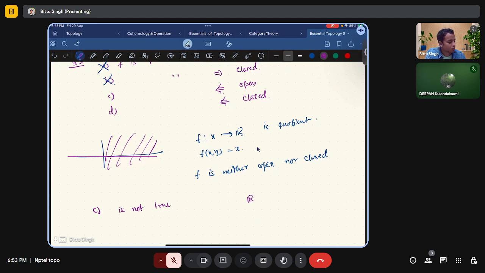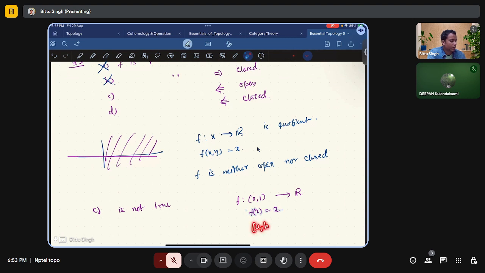Consider the inclusion of the open interval (0, 1) into R. F maps x to x, the identity inclusion of the open interval. Then we can see this is actually an open map. Take any open set, it maps to some open set because it is the identity map.